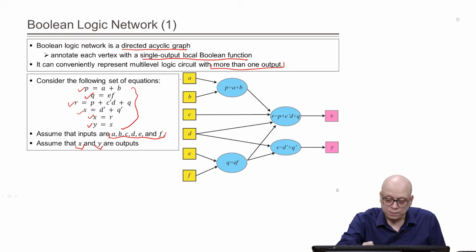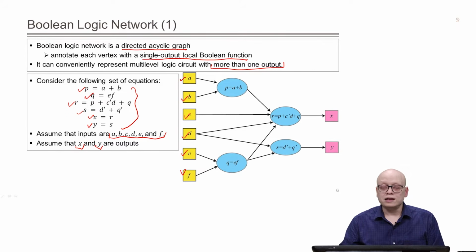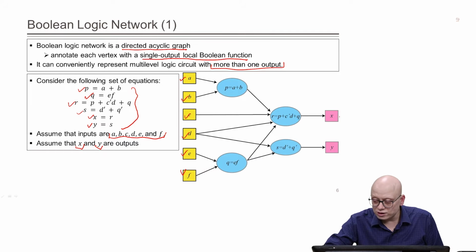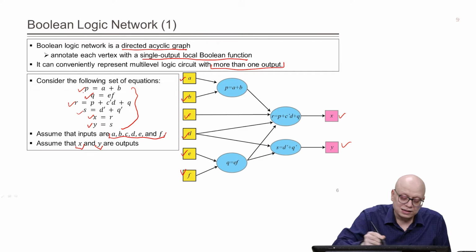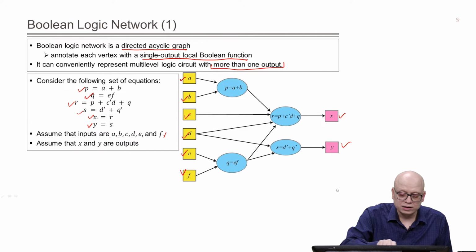So, A, B, C, D, E, F, these are the input vertices, the inputs of the Boolean logic network. We create vertices for them, and then we created vertices for X and Y, and then we created the internal vertices as shown in this case.